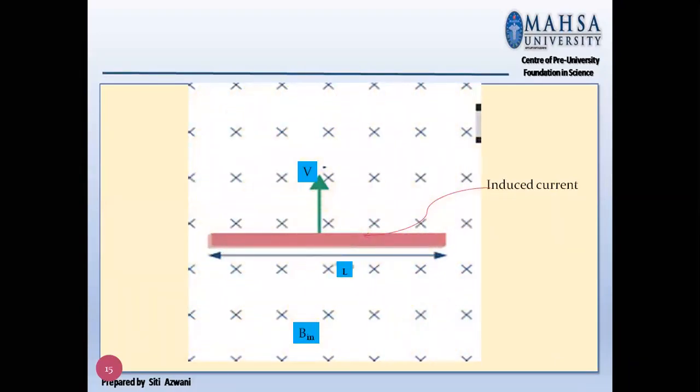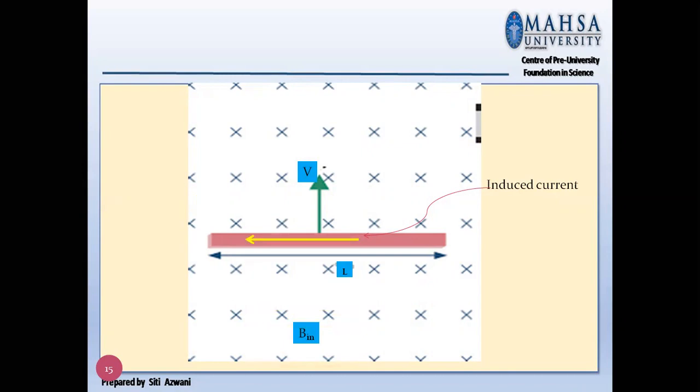In question 12, your conductor is moving up and the magnetic field B is into the page. By using Fleming's right hand rule, the induced current is to the left. Let's show how.